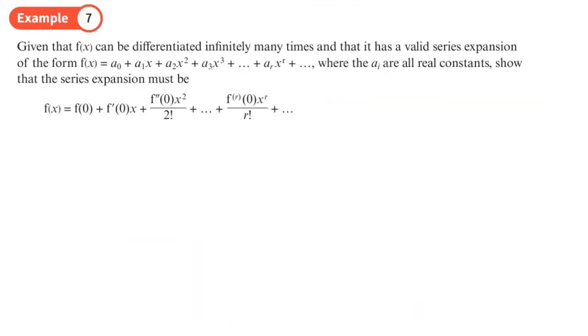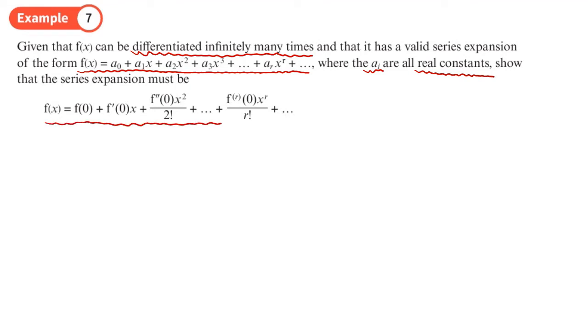Given that f of x can be differentiated infinitely many times, which is what we want for the Maclaurin expansion, and that it has a valid expansion in the form f of x equals a0 plus a1x and so on, where these are all real constants, show that the expansion must be given by this expression down here.